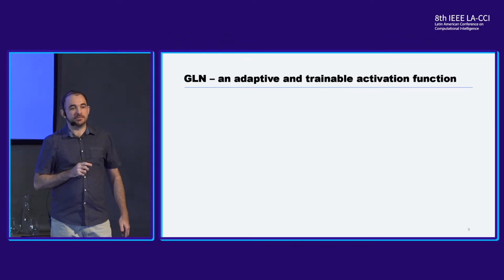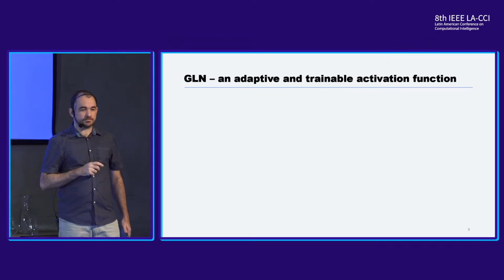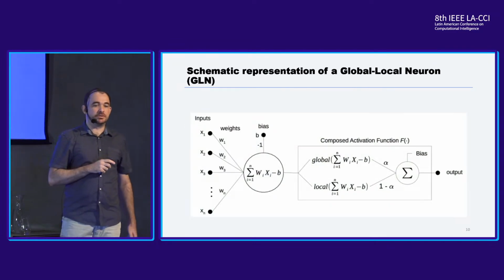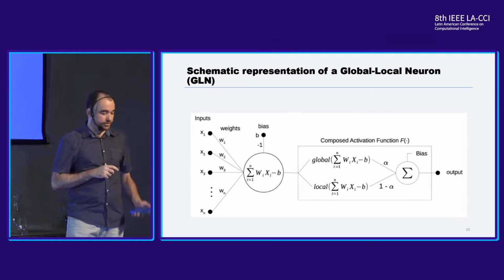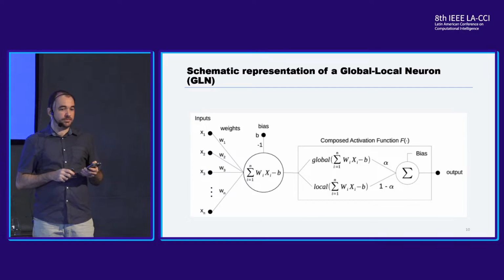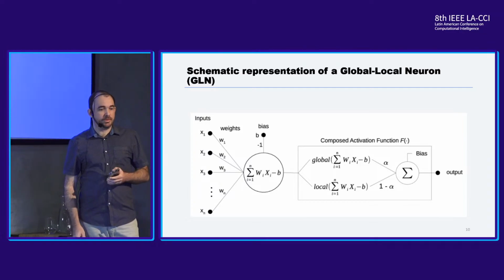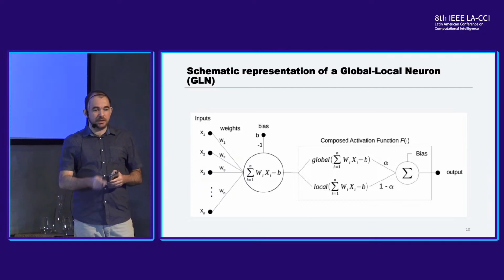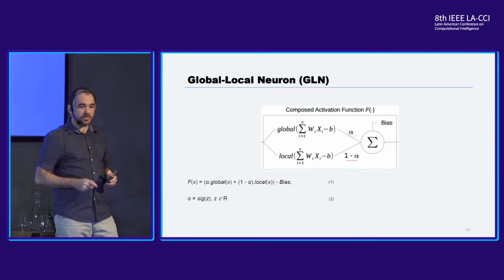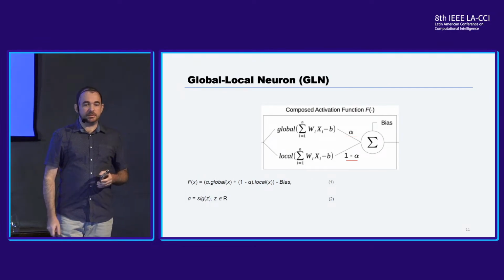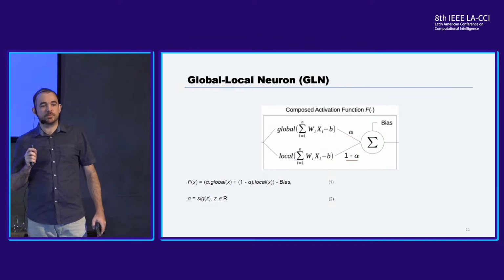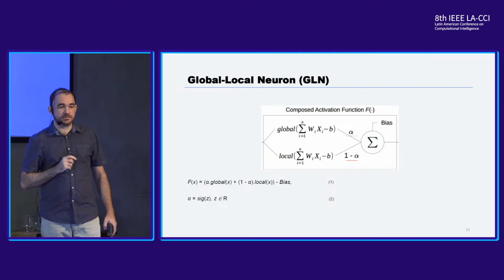GLN is an adaptive and trainable activation function. Here we see the schematic representation of the global-local neuron. GLN combines two mathematical functions in a complementary way, given by this equation here. We have two components: a global component and a local component.